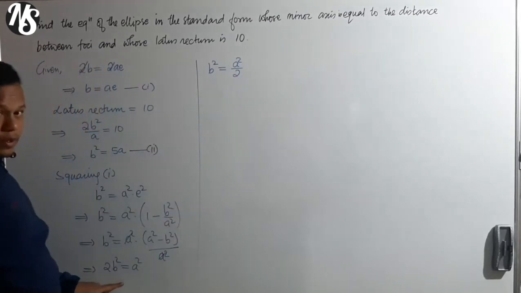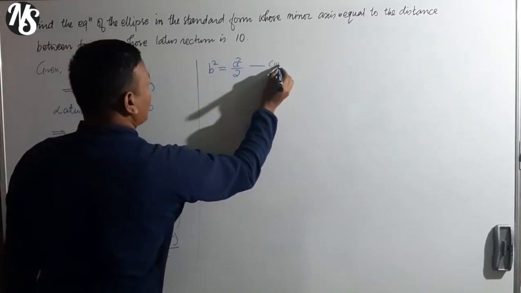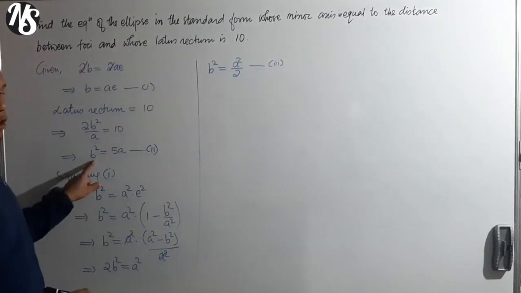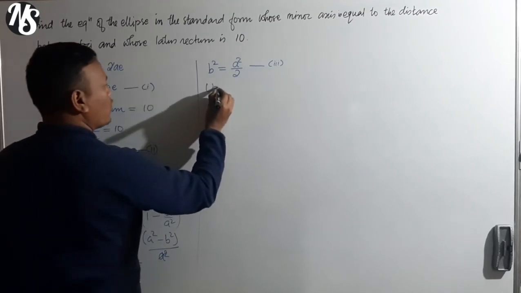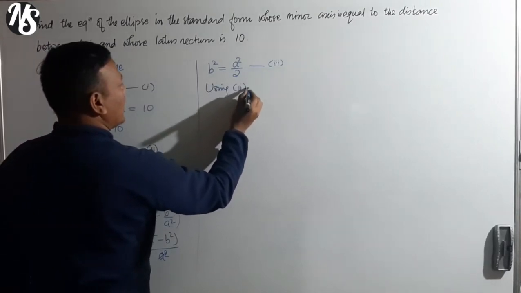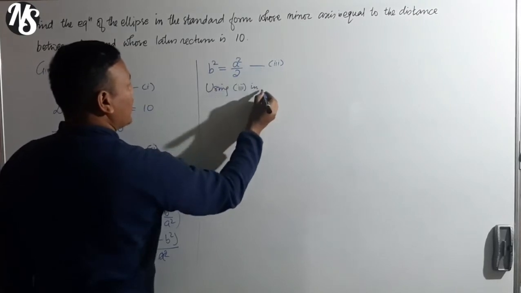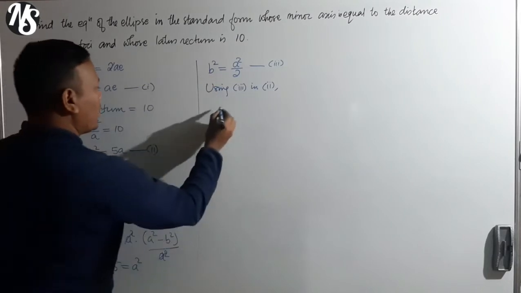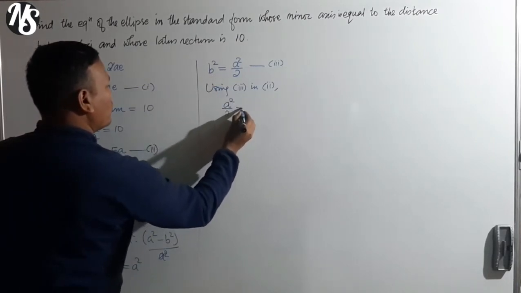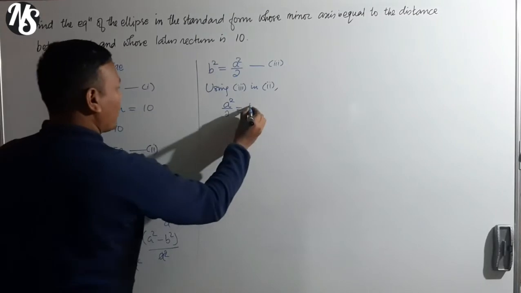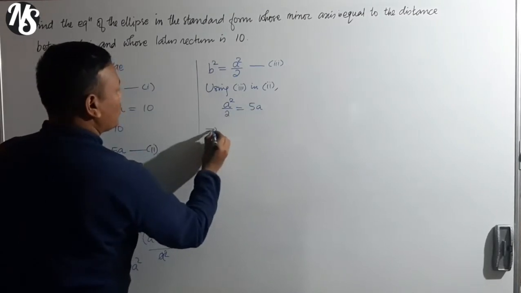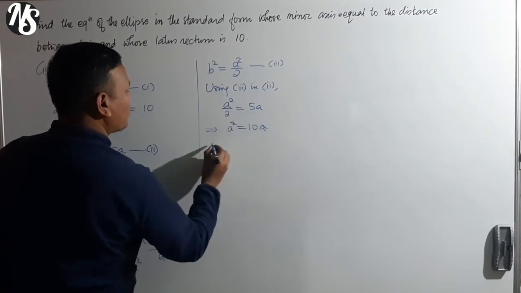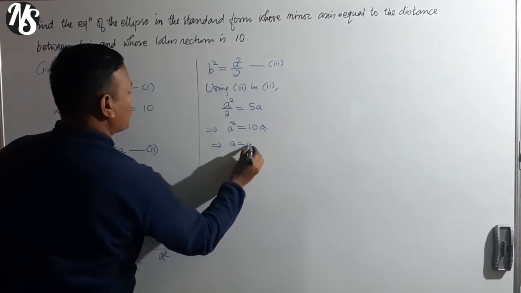All right, let me call this as 3. Now I'm going to use this value for b square in 2. So using 3 in 2, instead of b square, I'm writing a square by 2 is equal to 5a. So a square turns out to be 10a, so a and a get cancelled, and we have a is equal to 10.